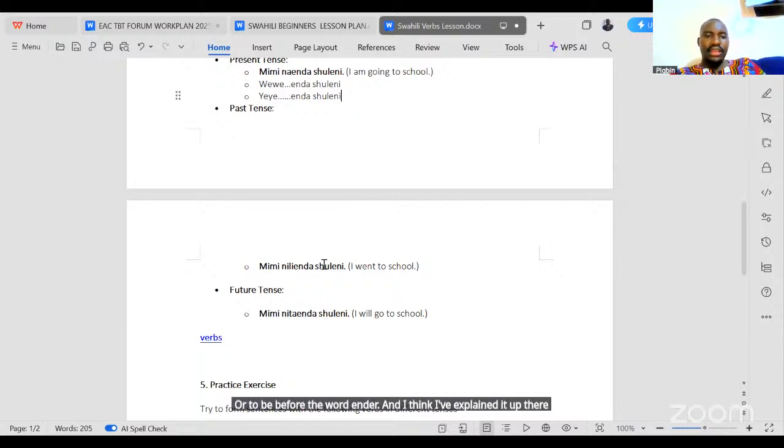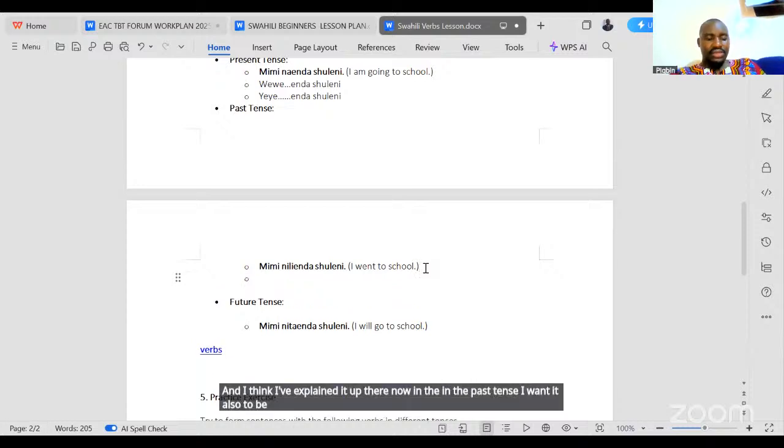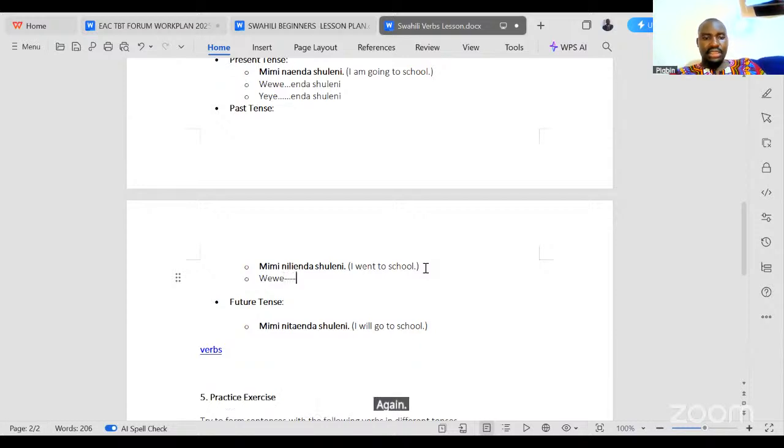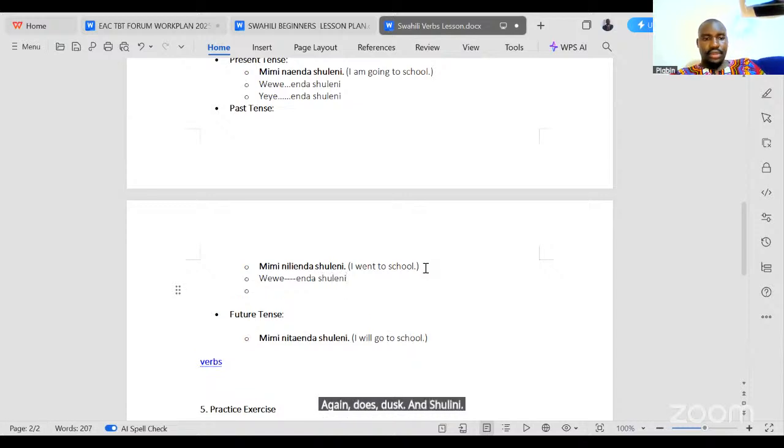Now in the past tense, I want it also to be here. The first word will be "wewe," again, "dash enda shuleni." The next one will be "yeye enda shuleni."